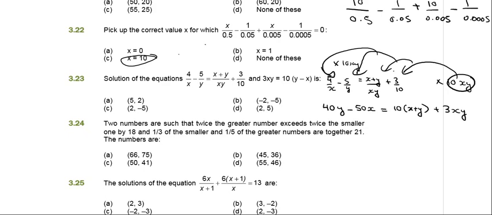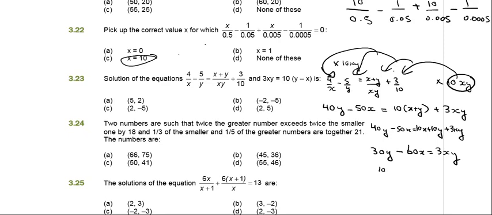Now expanding the bracket, 40y minus 50x is equal to 10x plus 10y plus 3xy, and bringing both terms on the left hand side, we will have 30y minus 60x is equal to 3xy. After that, we can divide all terms by 3.